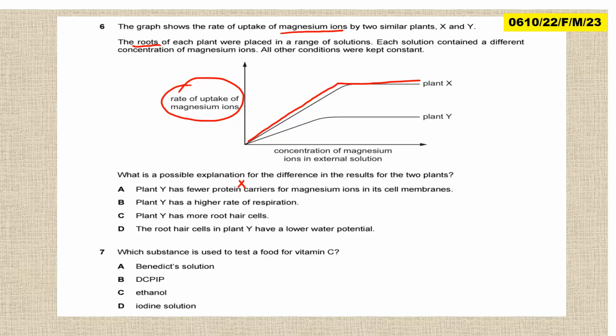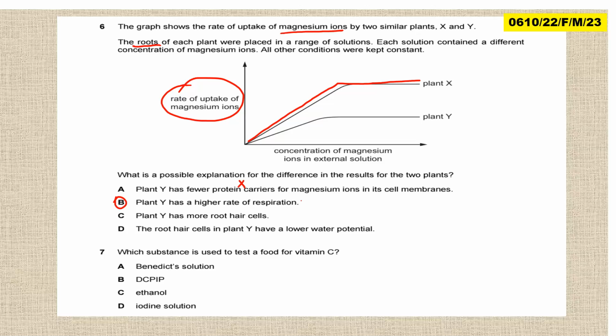Plant Y has a high rate of respiration. This one sounds like it: high rate of respiration, which means more energy. Plant Y has more root hair cells. Or root hair cells in plant Y had low water potential. For me, I would go for respiration, because active transport is powered by respiration.